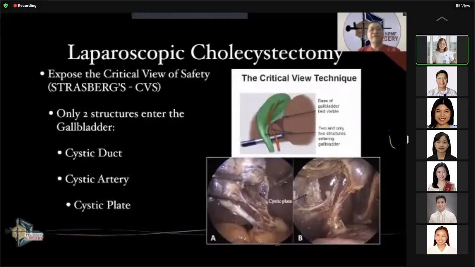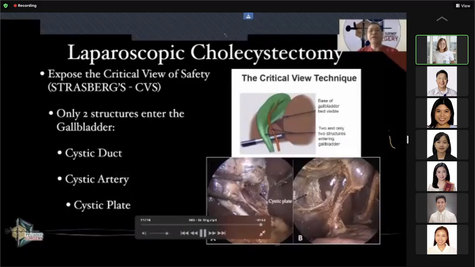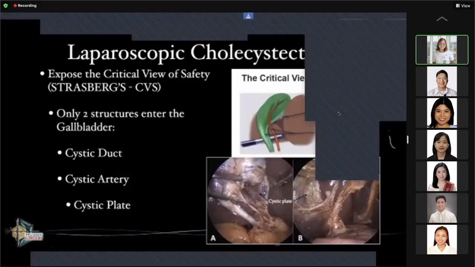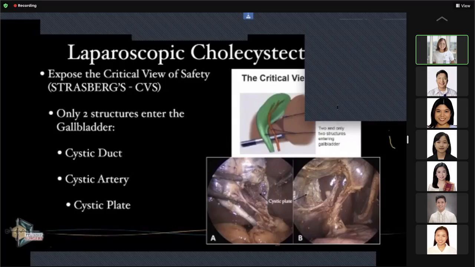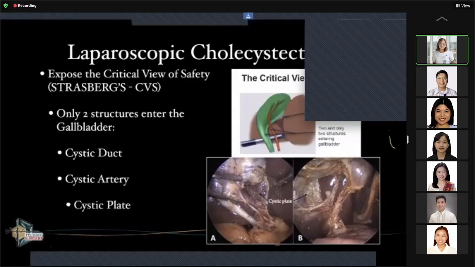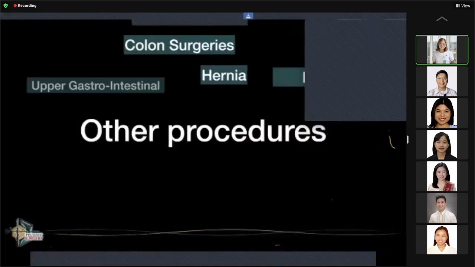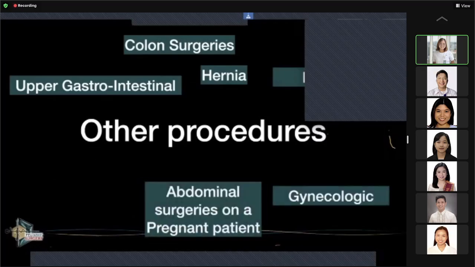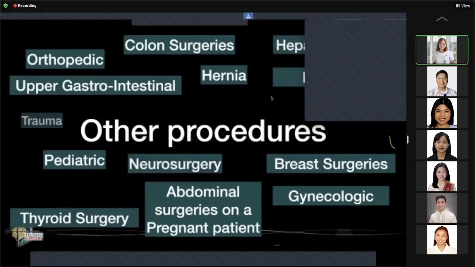So we have actually devised, or Dr. Strasberg actually introduced, the critical view of safety, in which you have to identify the most important structures: the cystic duct, the cystic artery, and the cystic plate. So once you have identified these three structures, and only two structures entering the gallbladder, which are the artery and the duct, then you are ready to clip and transect. So these are the other procedures that are being done laparoscopically.